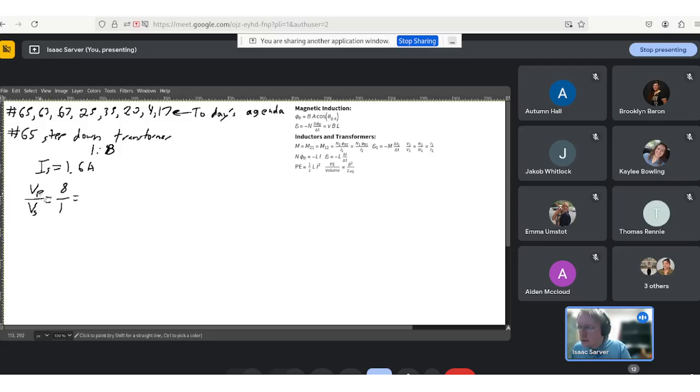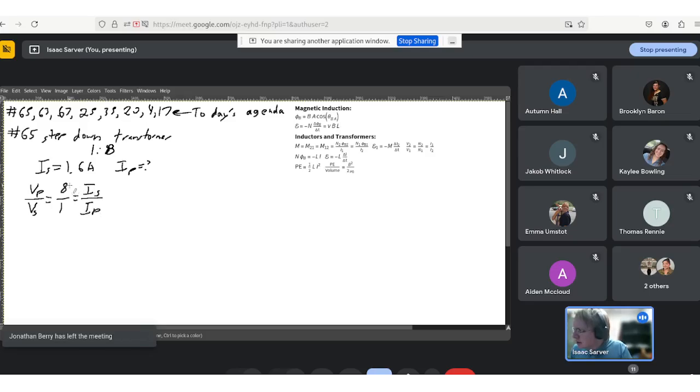V2 over V1 is equal to I1 over I2, so these are in opposite orders. It'll be I secondary over I primary. It would like to know what is I primary, the current in the primary coil.